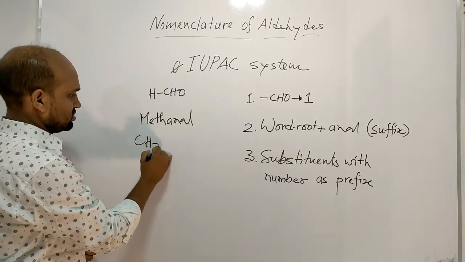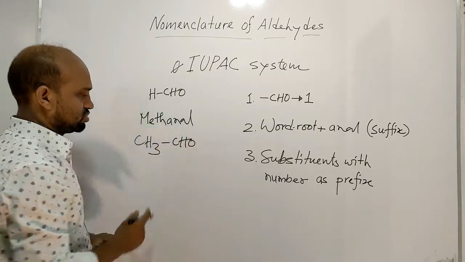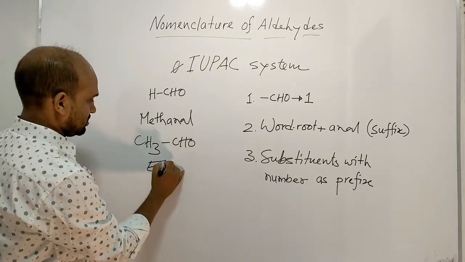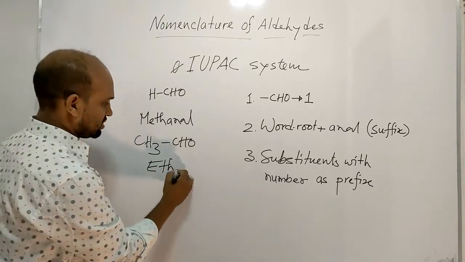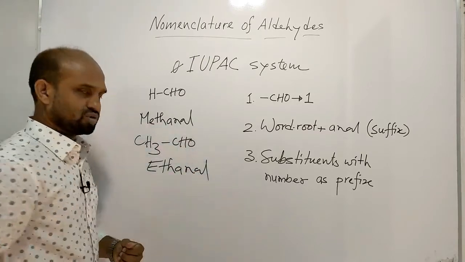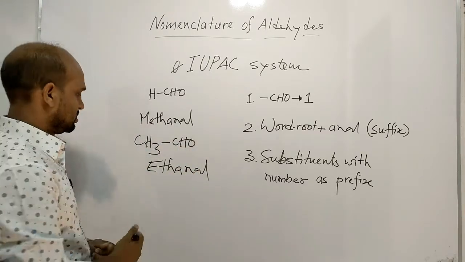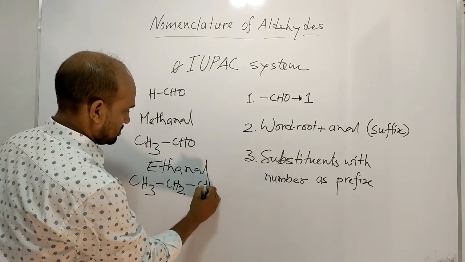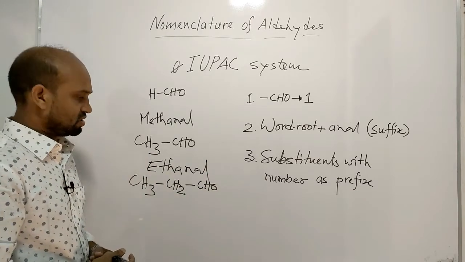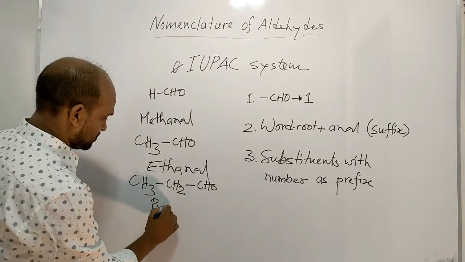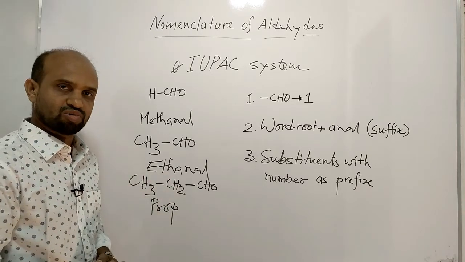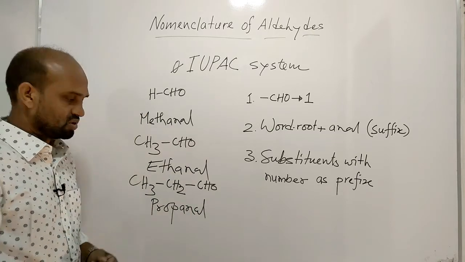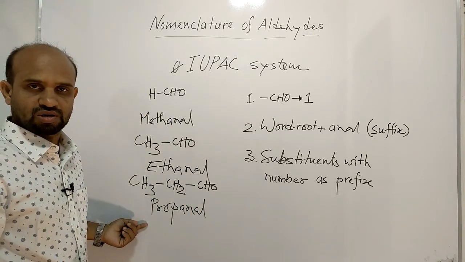Another example, 2 carbon atoms, word root is here eth, anal as suffix, so this is ethanal. Another example, 3 carbon atoms here, so prop is word root, anal as suffix, so this is propanal.